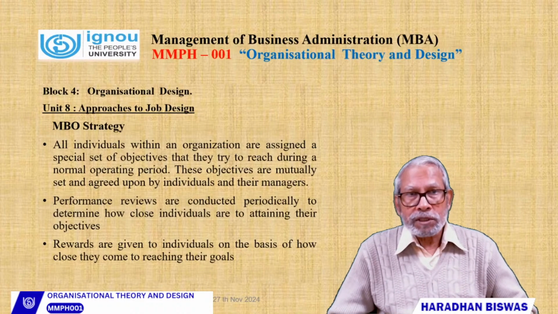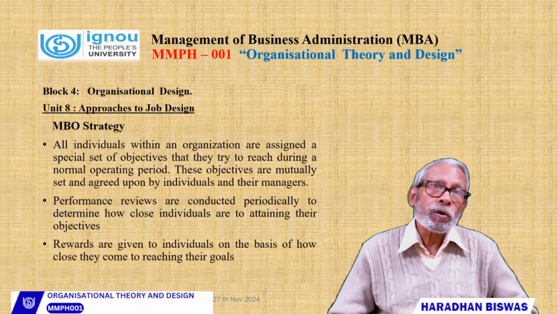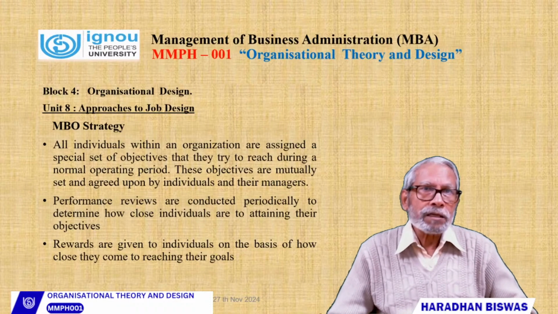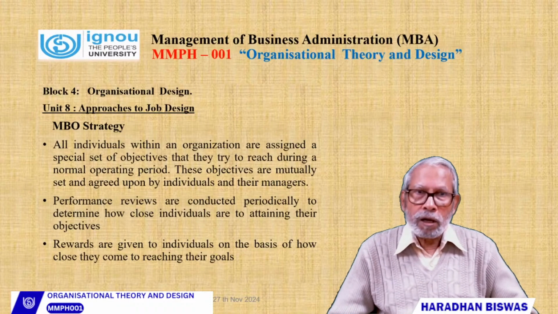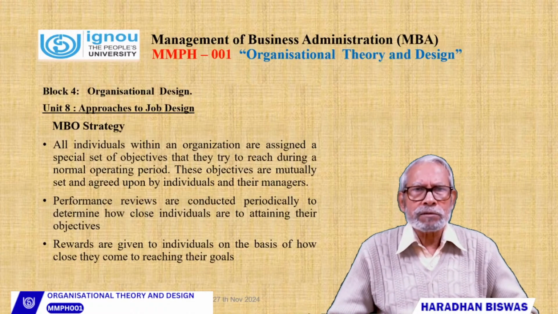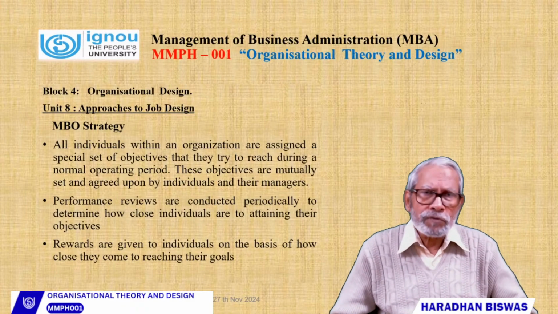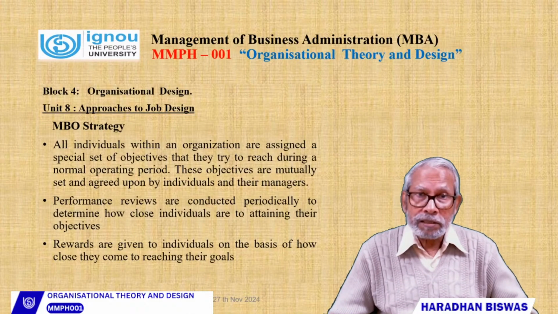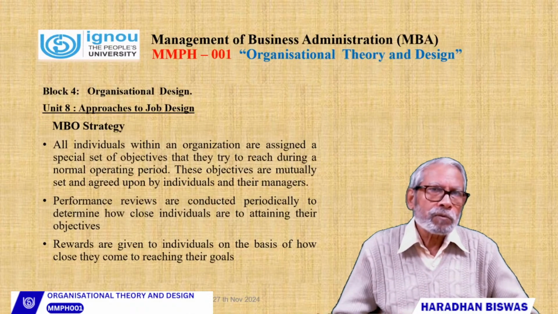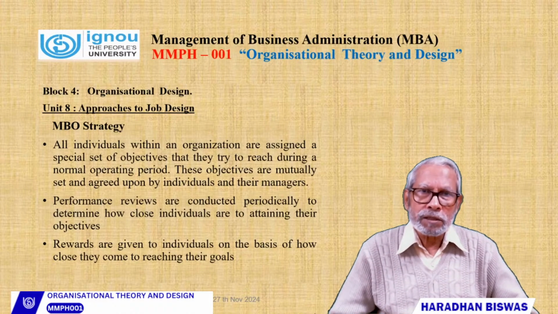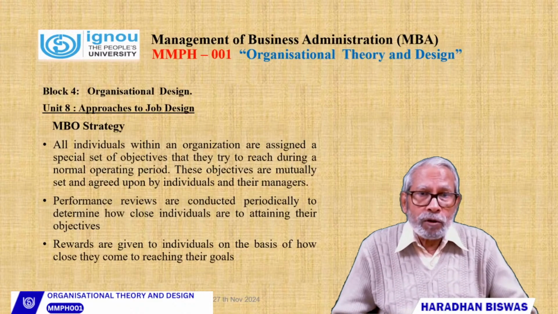Suppose in the first month you see the progress, and he has achieved at least 30-40%. So hopefully another 60 or 70% he can achieve. In the second month, again you take the review. If he has already done 70%, hopefully in the last month, month 3, he can finish it. So in between also you have to review.